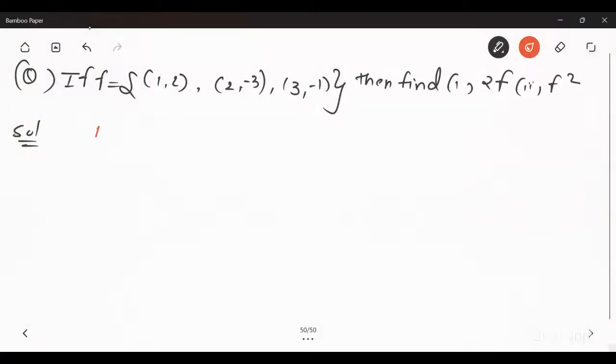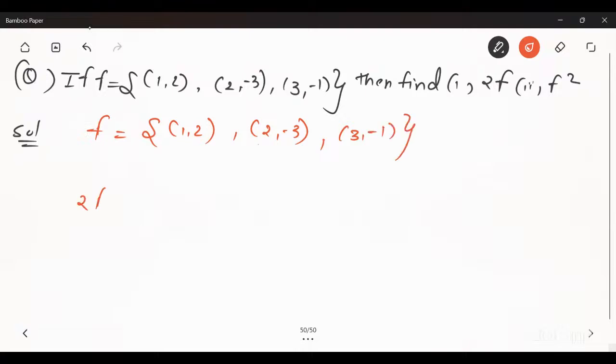Now see the solution. f is (1, 2), (2, minus 3). That means if you put 1, you will get the value 2. If you put 2, you will get minus 3. If you put 3, you will get minus 1.